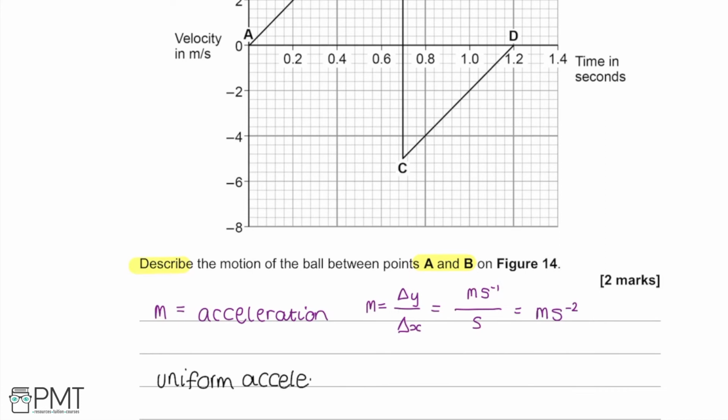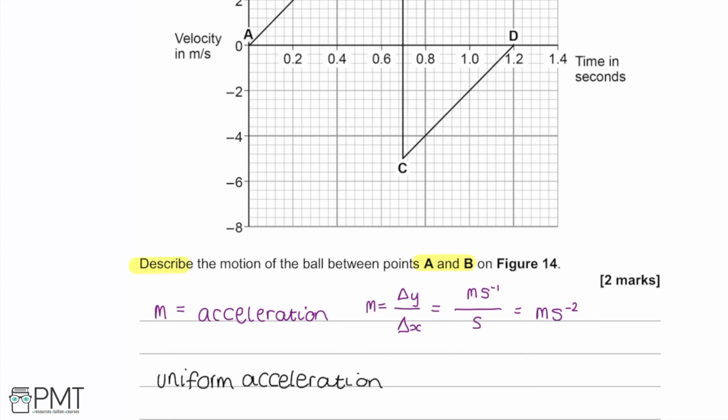So just by stating that there's a uniform acceleration, due to this straight line, and the gradient of the line is the acceleration of the ball, we're going to get both marks here. We'd also gain them for saying there's a constant or steady acceleration, or that velocity is increasing at a constant rate, but this is the best way to go about getting both of the marks without too much working out.